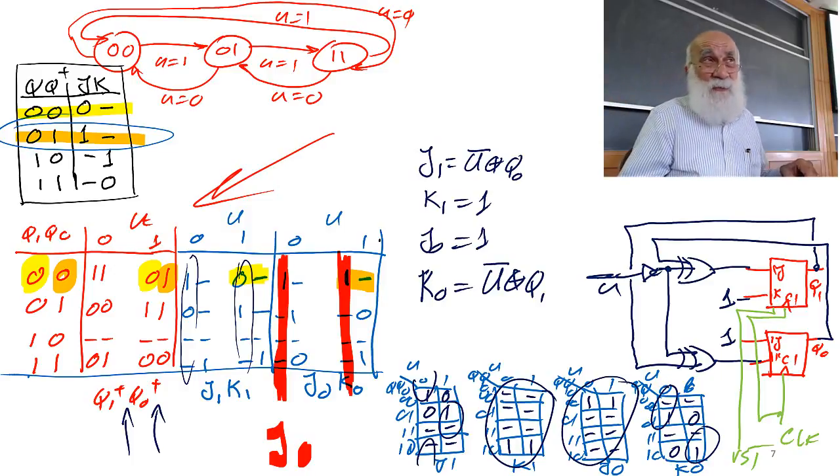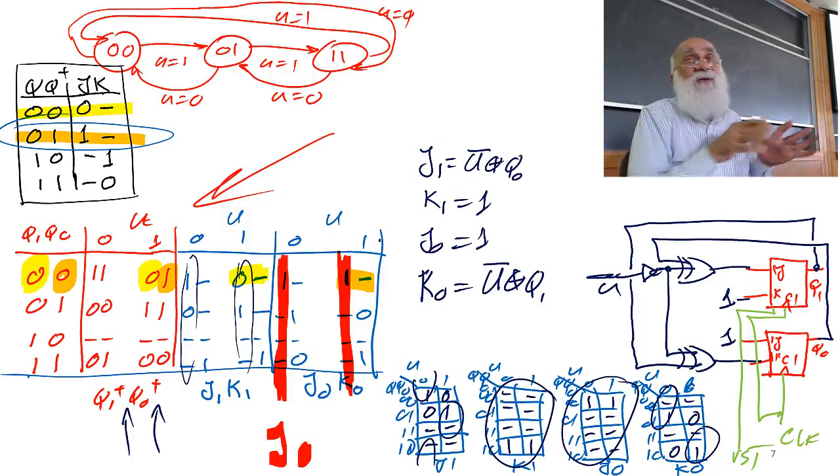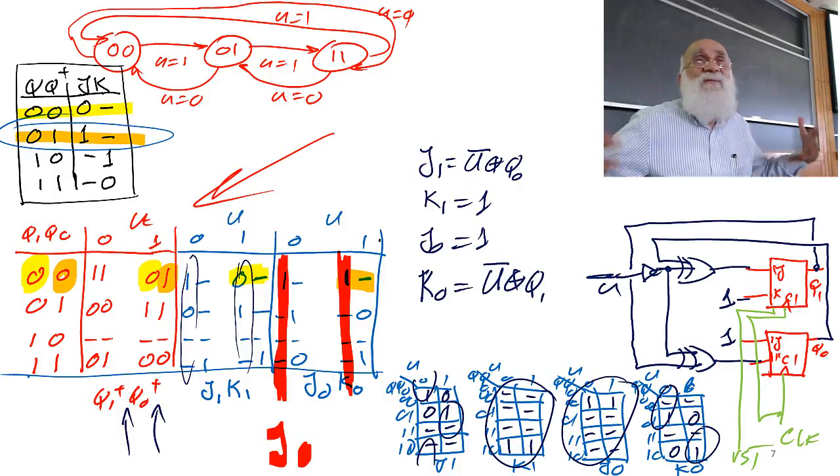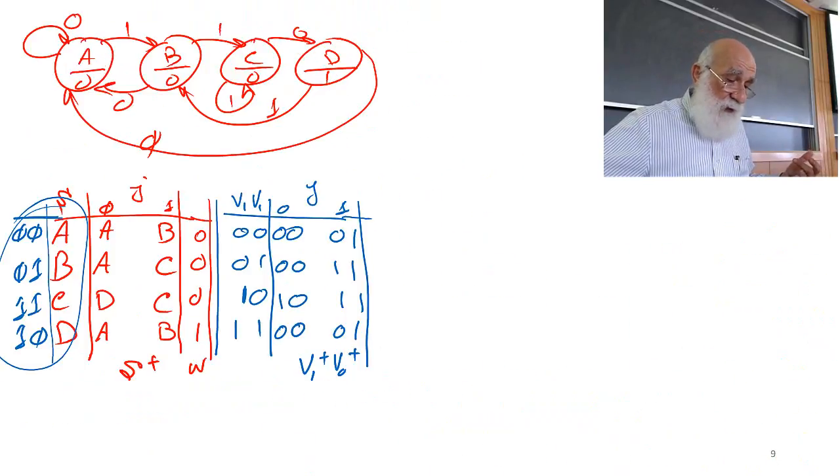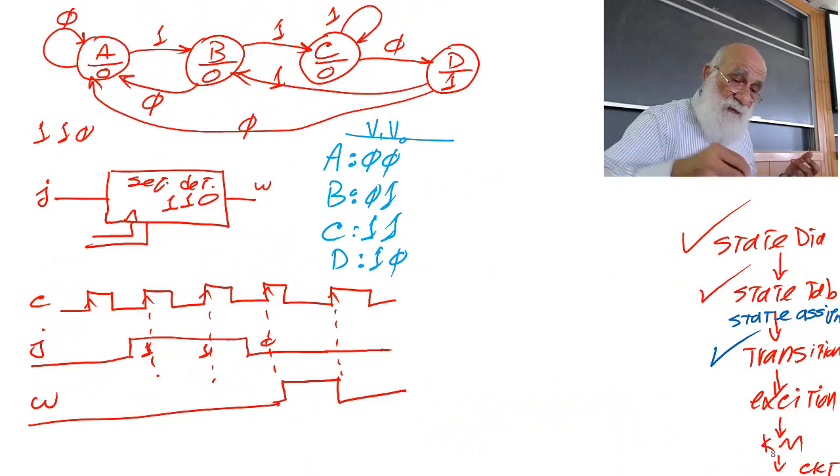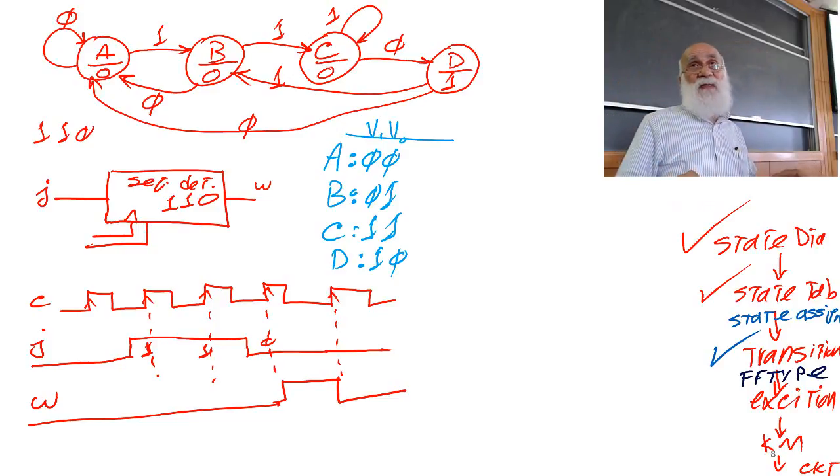My last experience with using JK flip-flops was not a very good one, plus all the flip-flops people use nowadays are D flip-flops, and therefore I decide that I want to use D flip-flops to go from my transition table to my excitation table.